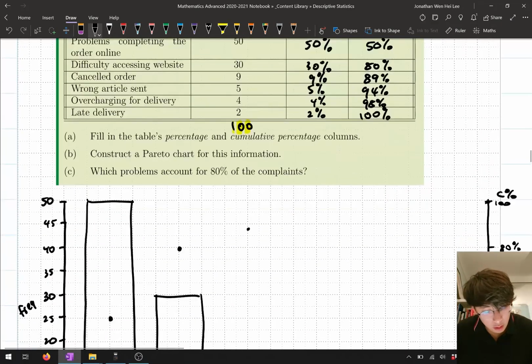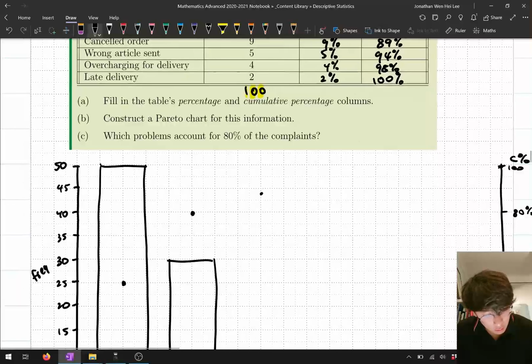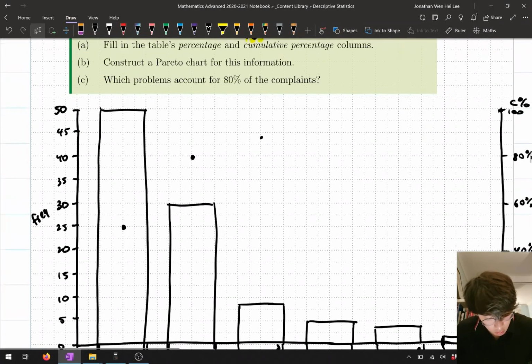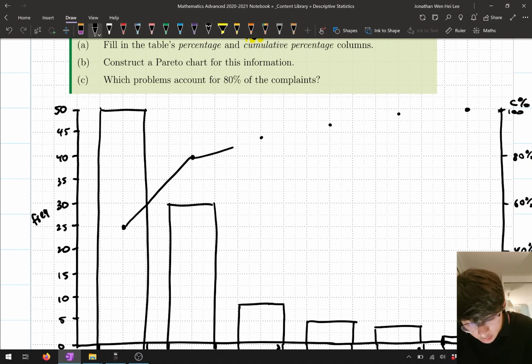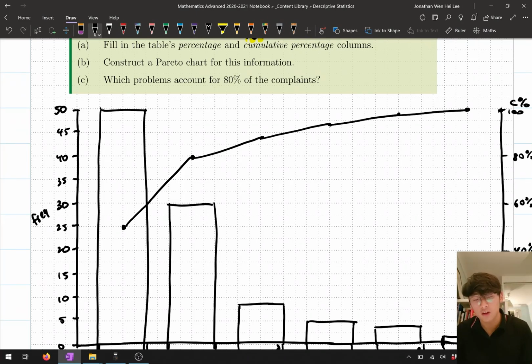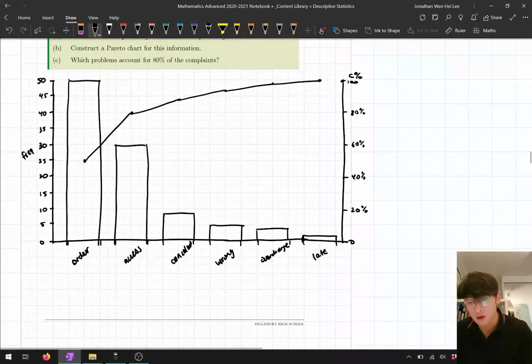Next one was 94, which is over here. Next one was 98, and then the last one was 100. For the cumulative percentage line graph, we just connect the lines up here. There we go. Okay, we've constructed our Pareto chart for this information.